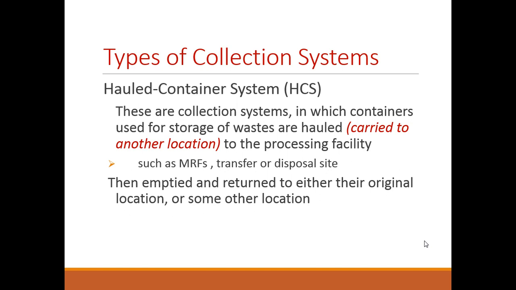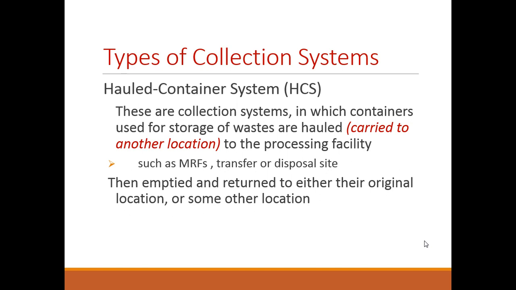So the hauled container system: these are collection systems in which the containers used for the storage of waste are hauled. In other words, they are carried somewhere else, such as to the processing facility. These processing facilities may be, for example, materials recovery facilities, which we saw briefly in a previous lesson.